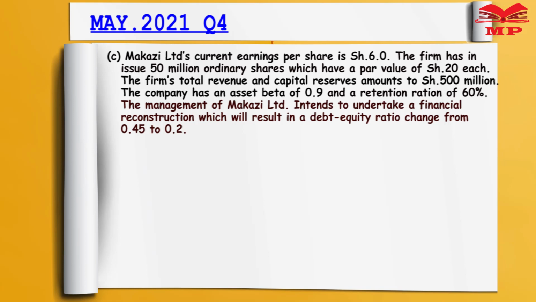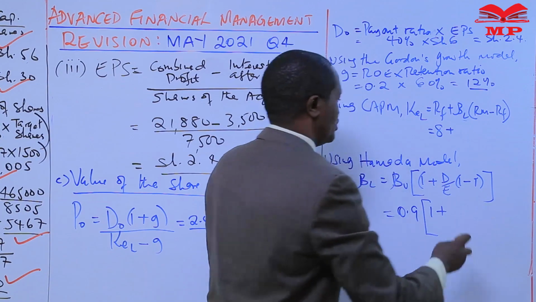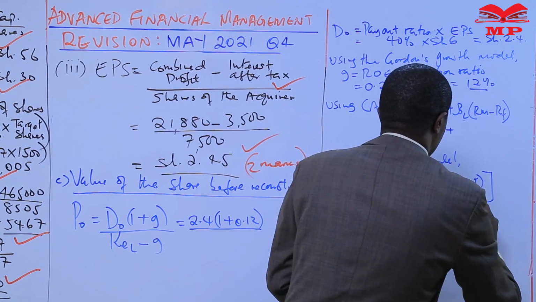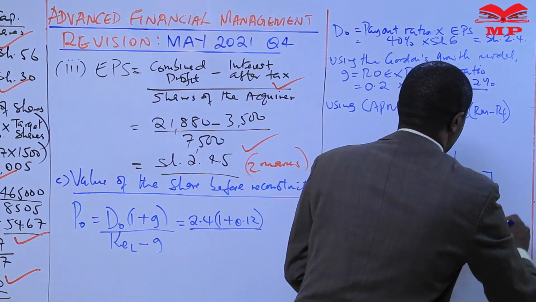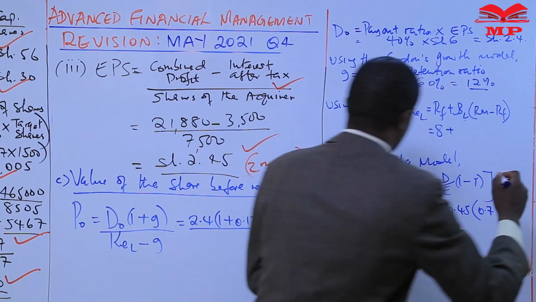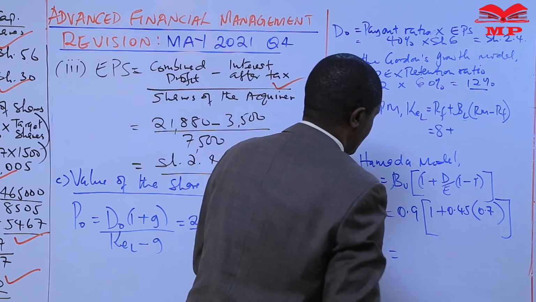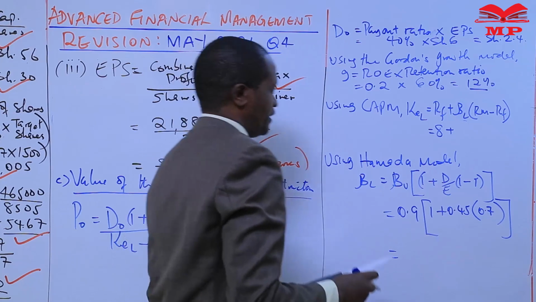We read that the management of Makazi Limited intends to undertake a financial reconstruction which will result in a debt equity ratio change from 0.45. That is the debt equity ratio, 0.45, times 0.7, that is 1 minus the tax rate. That will give us the beta of a levered firm.